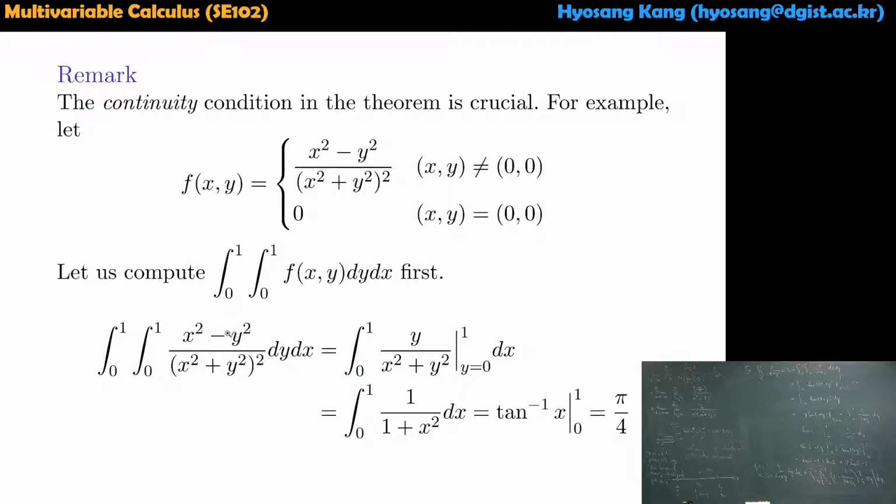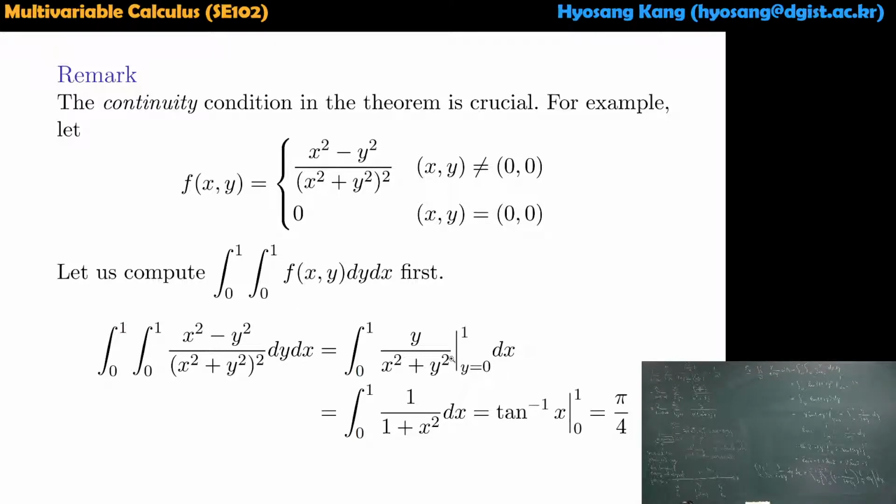The way we get the antiderivative is by considering x as a constant and using the single variable integration technique. So we have y over (x squared plus y squared) as an antiderivative. If you take the derivative of this fraction with respect to y, you get exactly the same integrand.